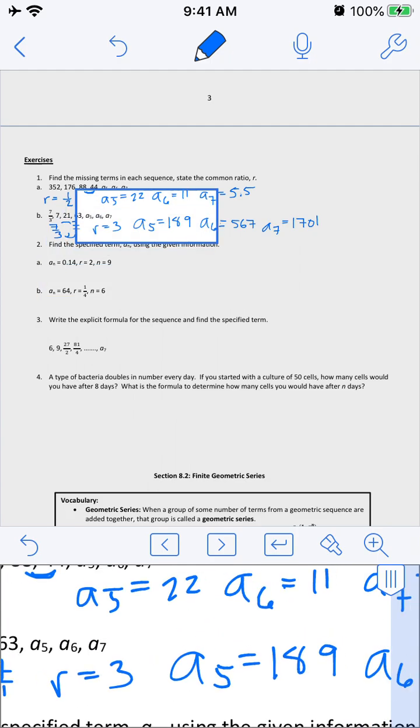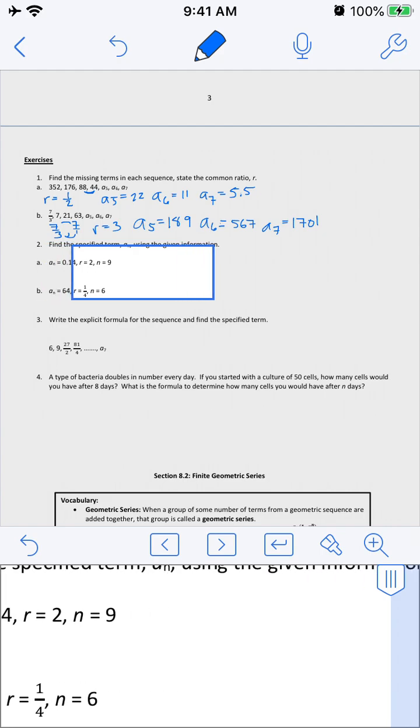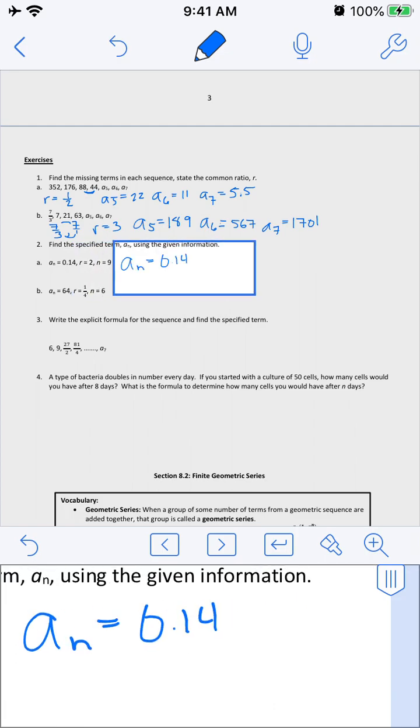Here, simply counting, or what we call recursive thinking, is very, very useful. Here, with the equation, when it's all the way up at n equals 9, and we're starting at 0.14 anyway, that's going to take me some time if I don't use an equation. So let's see if we can create an equation. An equals 0.14 times 2 to the n minus 1, right?